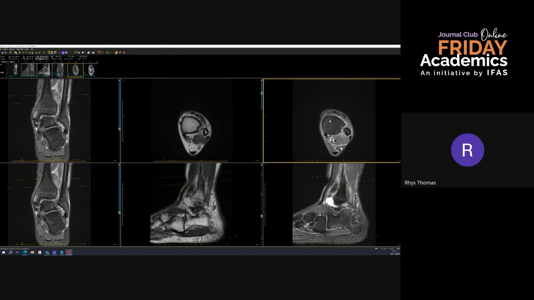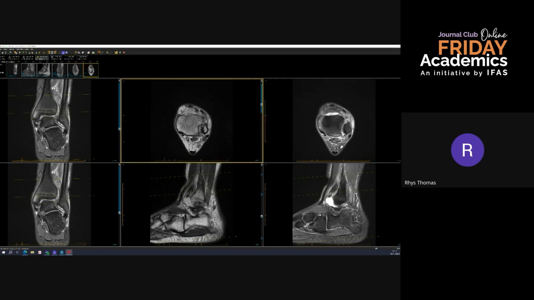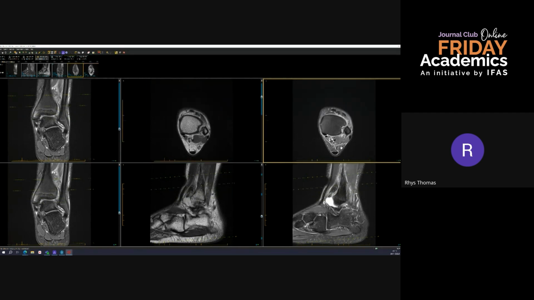I don't see too many of these cases. So a 16-year-old French rugby student playing rugby in New Zealand has come in with lateral ankle pain after a rugby injury, and we can just see here good thickening and hyperintensity of the anterior syndesmotic ligament, also of the posterior syndesmotic ligament, in keeping with a high-grade syndesmotic injury.